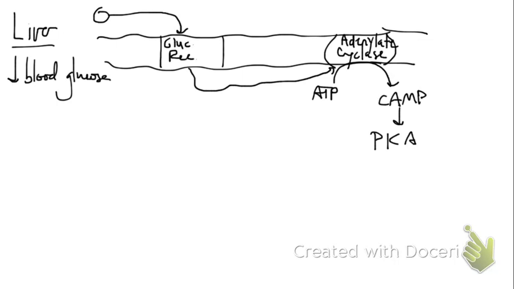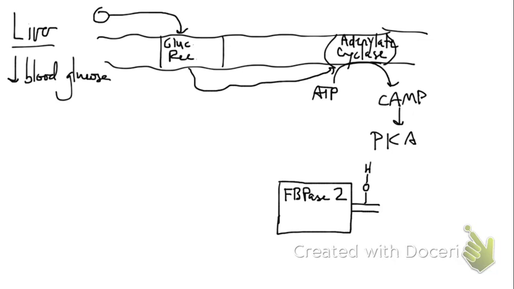So, within our liver, there's a complex of proteins. On the left in the box, we have FBPase. Instead of 1, we're going to talk about 2. So, fructose bisphosphatase 2. In the middle of these proteins, there's a hydroxyl R group. On the right side, instead of PFK1, you have PFK2.